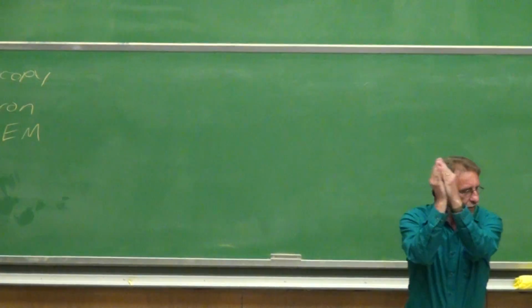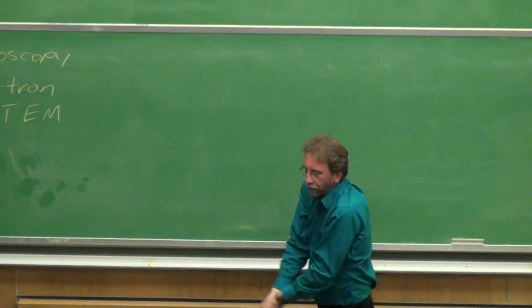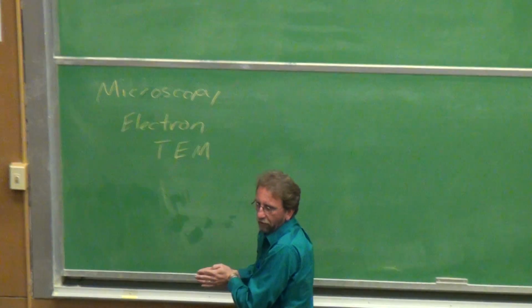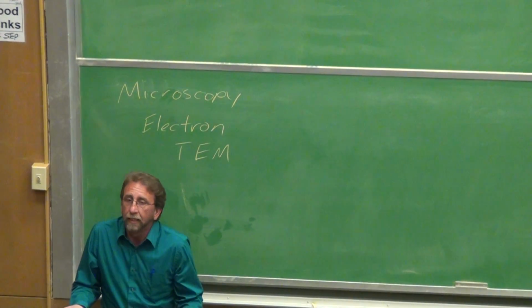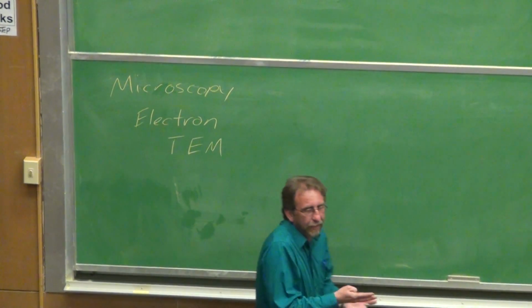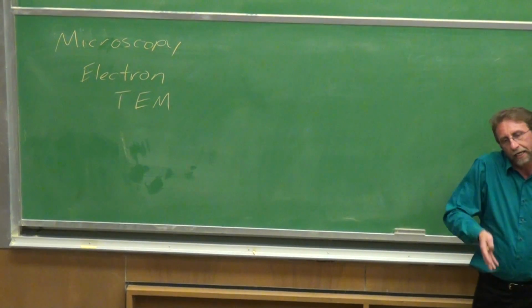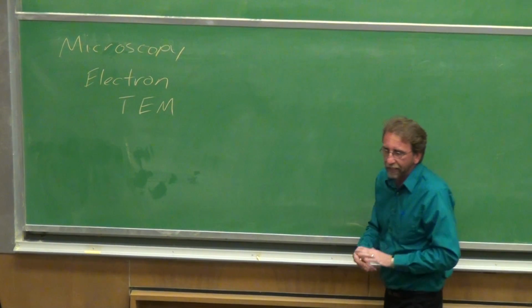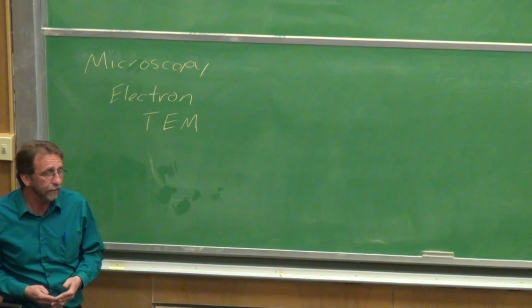It uses a tungsten filament to generate a beam of electrons, and then it bombards your specimen with this beam of electrons, and on the other side is a fluorescent screen. Those electrons that hit something get deflected, and so they don't hit the screen, and so what you get really is a negative image of the specimen that you're looking at on the fluorescent screen.